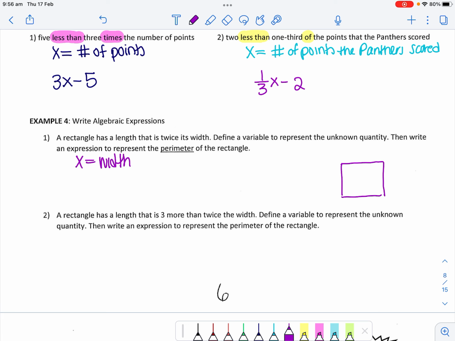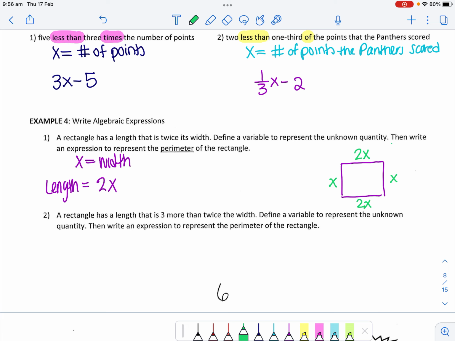Okay, so x is going to represent the width of my rectangle because the length of the rectangle is equal to 2 times the width of the rectangle. So my width needs to be my singular x, and then my length needs to be 2 times that. So the length of my rectangle is 2x, the width of my rectangle is x, and I'm going to follow that all the way around.